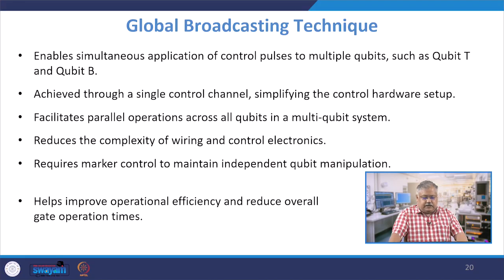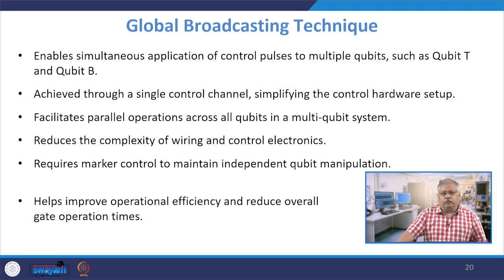Okay. So, the global broadcasting technique enables simultaneous application of control pulses to multiple qubits, and you achieve it through a single control pulse channel, simplifying the control hardware setup. You use a single hardware setup to control it, and it achieves parallelism across all the qubits in multi-qubit systems.